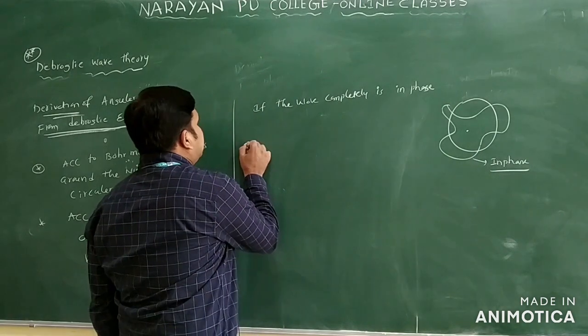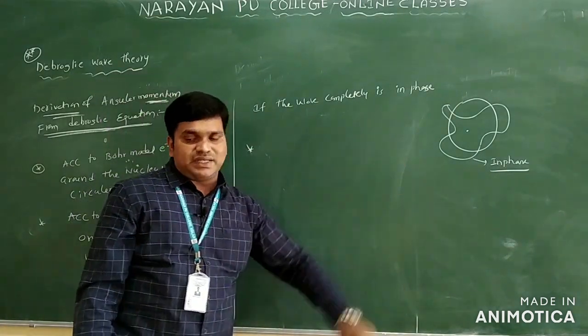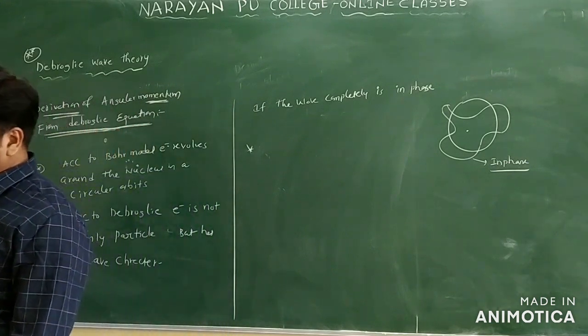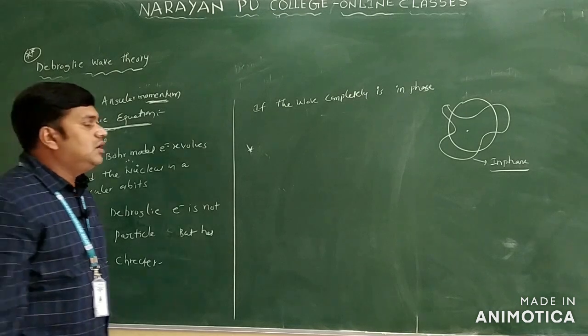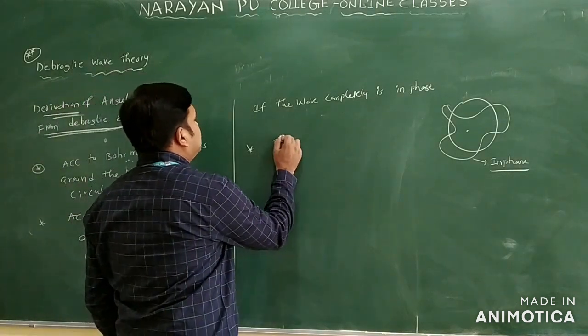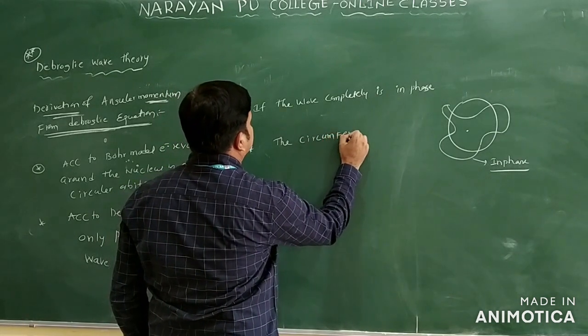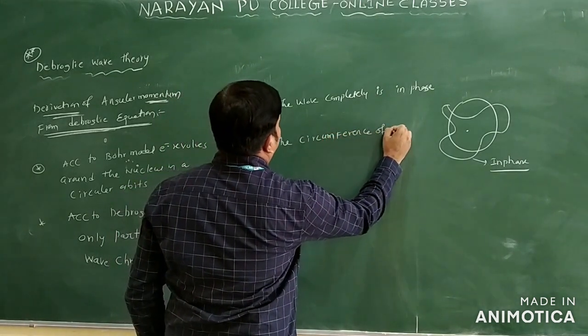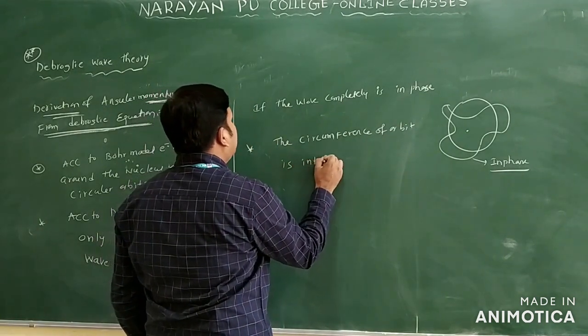If the wave is completely in phase, then the circumference of the orbit is equal to an integral multiple of the wavelength.